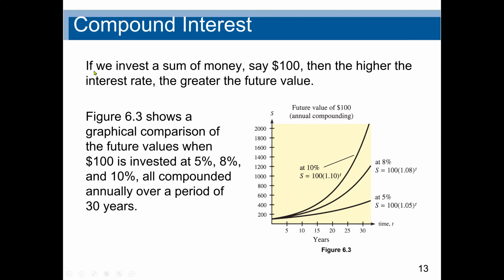So we said that if we invest a sum of money, say $100, then the higher the interest rate, the greater the future value. The figure here shows a graphical comparison of the future value when $100 is invested, first at 5%, where we can see it grows slowly, then at 8%, then at 10%, which is higher.